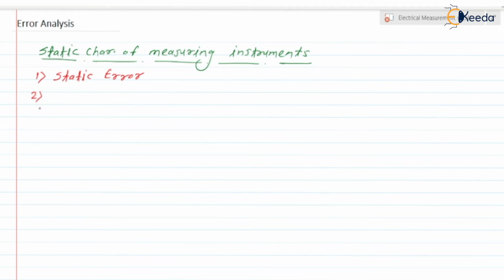Second is accuracy. Third characteristic is precision. Fourth static characteristic is sensitivity.